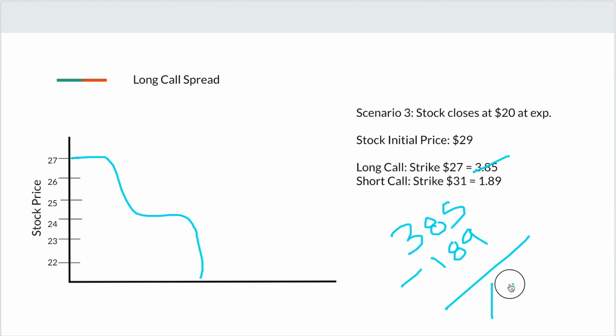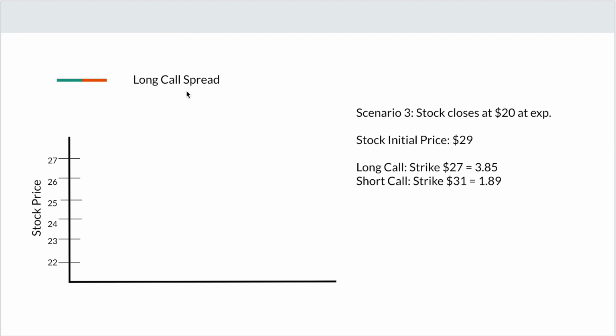As we stated earlier, the amount that you lose is the amount that you paid. That's the max amount that you could lose. So you only lose $196 versus losing your entire long call strike if you had just bought a single strike call. So again, there's another example of why it's so beneficial to have a long call spread. That way you almost buy yourself insurance, as I stated earlier, to lose less money if things went the wrong direction.